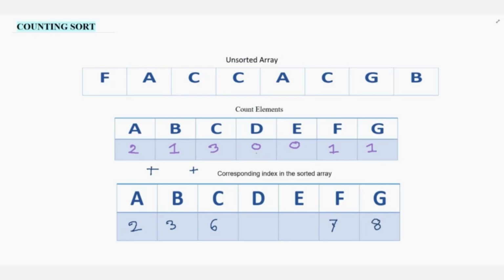Since there is no D and E, we continue with this index. We place a 6 for D and E, but since we don't have any D and E, we will ignore these indices.